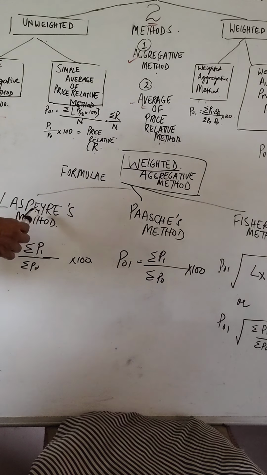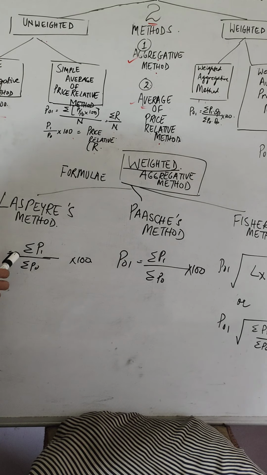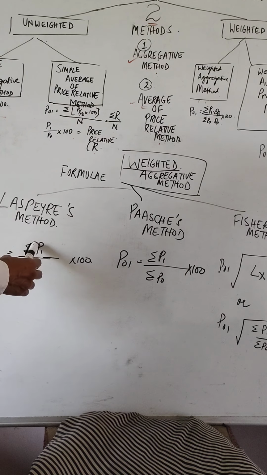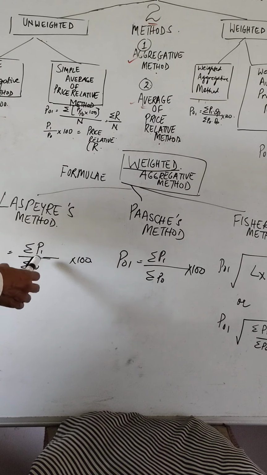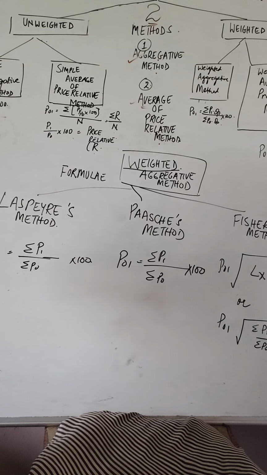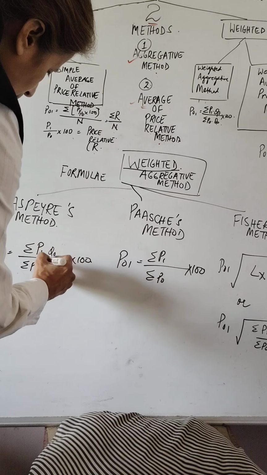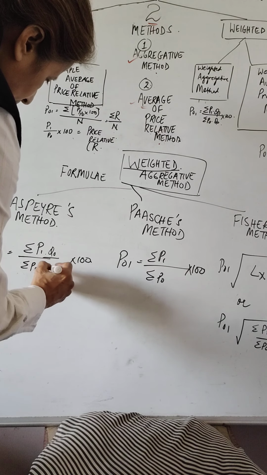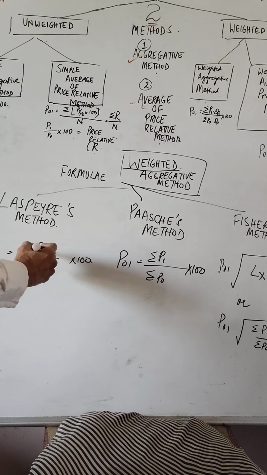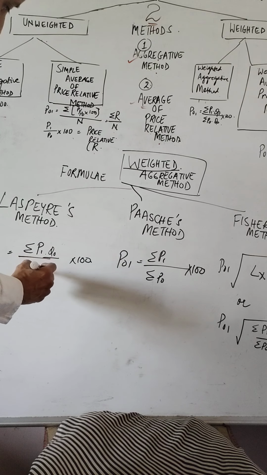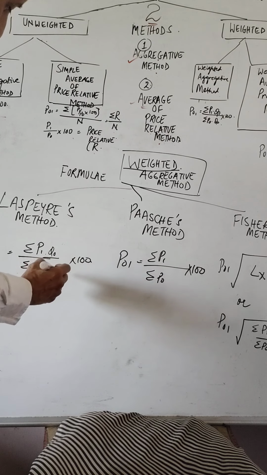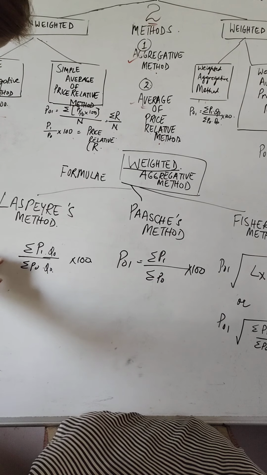In Laspeyres' method, the index number will be equal to sigma P1 upon P0. Remember what we did, but in this, just remember, we take the quantities of the base year. So sigma P1 into Q0 over sigma P0 into Q0, into 100, will give you the index number.